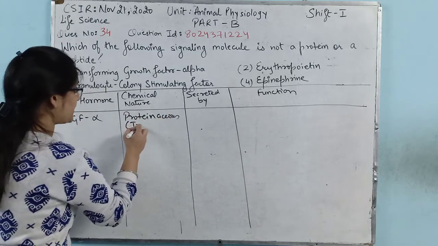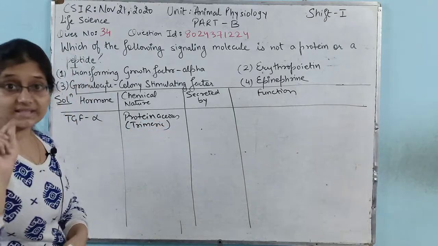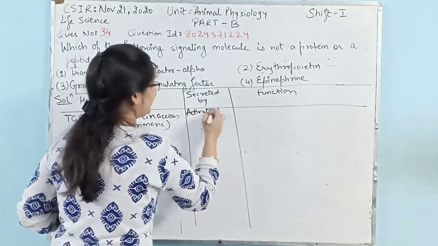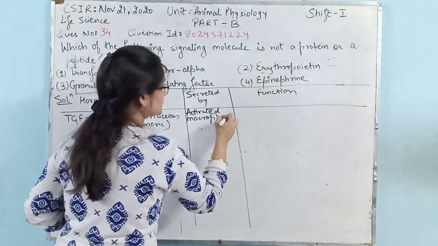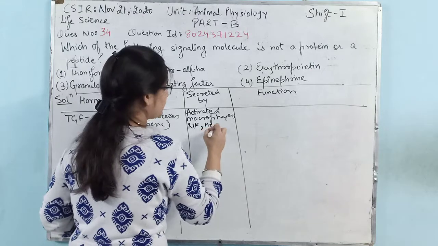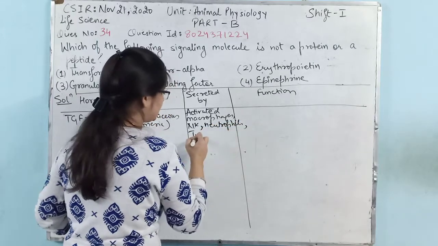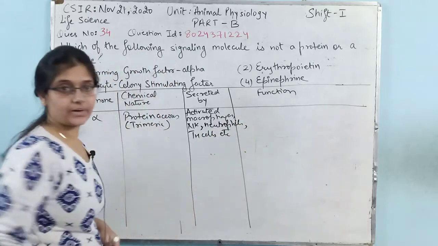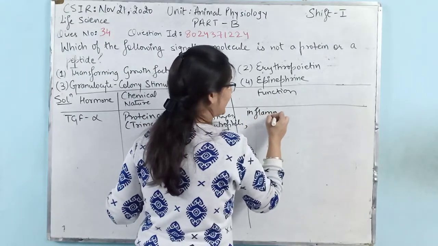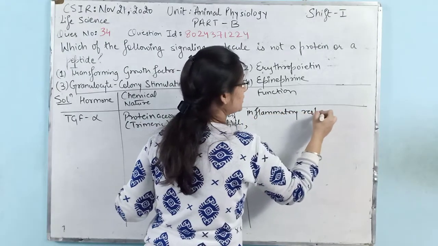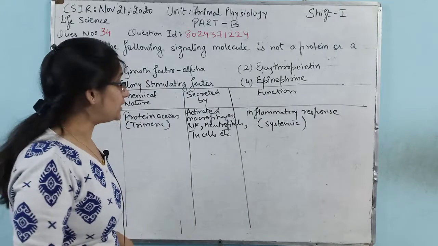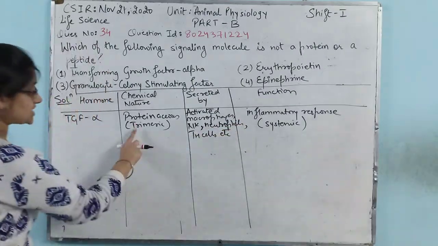It is a trimeric protein which is secreted by immunologically active cells, such as activated macrophages and activated lymphocytes such as NK cells, neutrophils, TH cells, etc. Regarding their function, these are involved in the inflammatory response, the systemic inflammatory response during immunological reactions. So this is proteinaceous in nature.